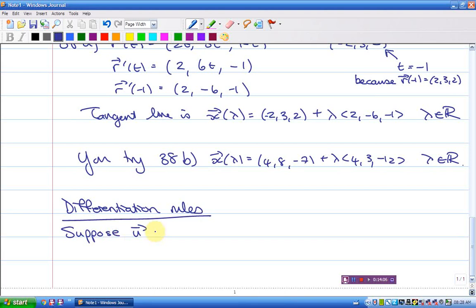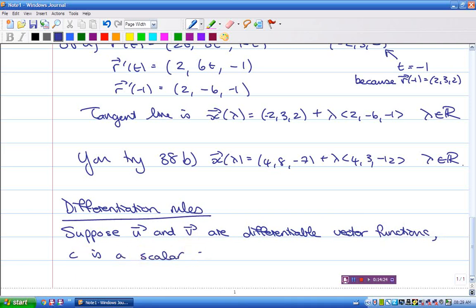Suppose u and v are differentiable vector functions. C is a scalar. In this case, that means real number. And f is a real valued function.